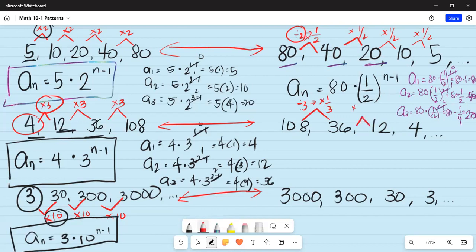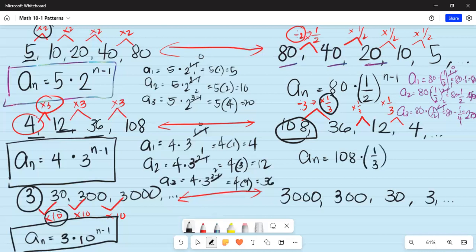So this is times 1/3. So therefore, the formula will be a sub n is equal to the first term, don't forget, 108 times the number being multiplied, 1/3, enclosed in parentheses, raised to n minus 1.